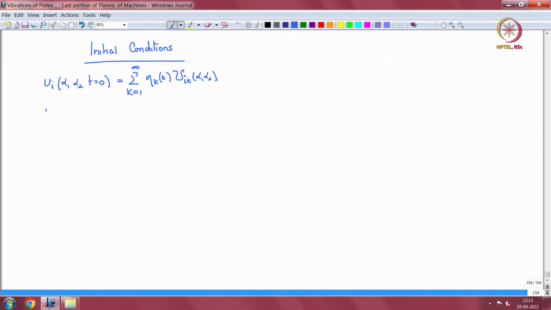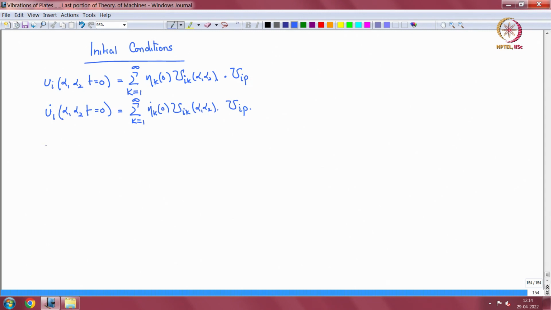Similarly, the velocity ui dot alpha 1 alpha 2 at t equal to 0 is the summation over k eta k dot uik alpha 1 alpha 2. Okay. So now if we multiply this by a different mode shape and sum it up as before, what do we get?